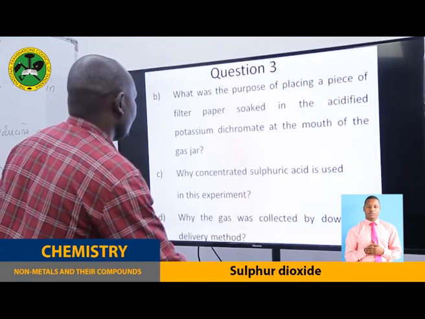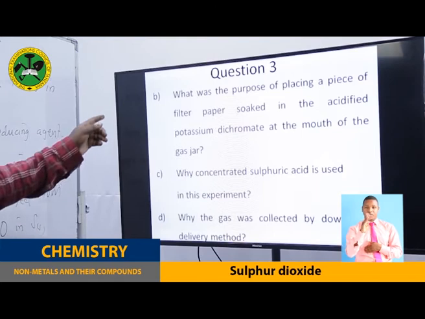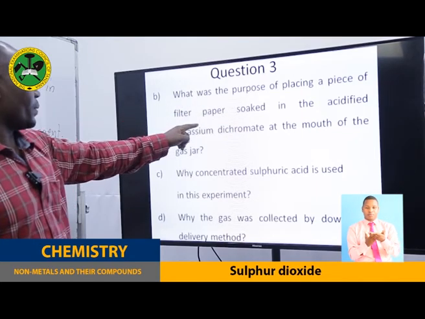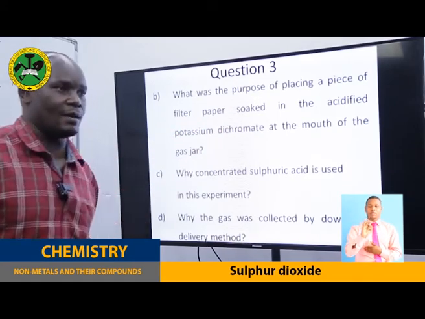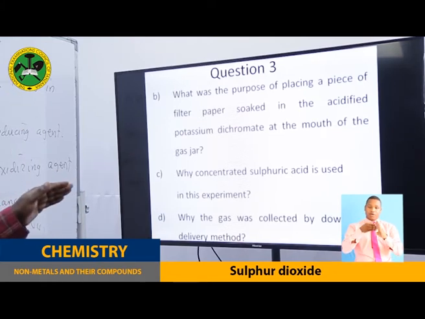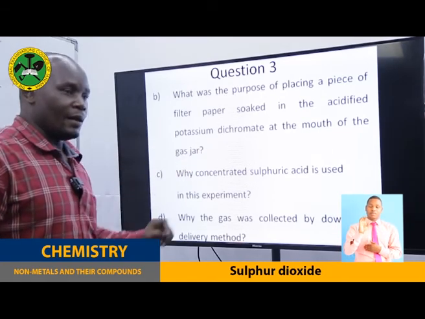Question number 3, part B, is that what was the purpose of placing a piece of paper soaked in the acidified potassium dichromate at the mouth of the gas jar?